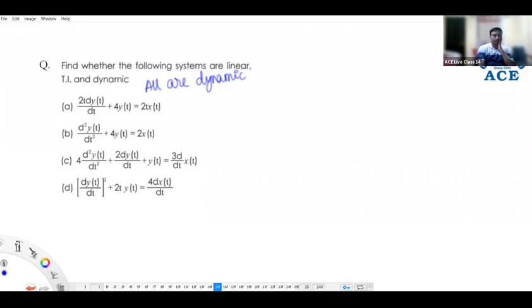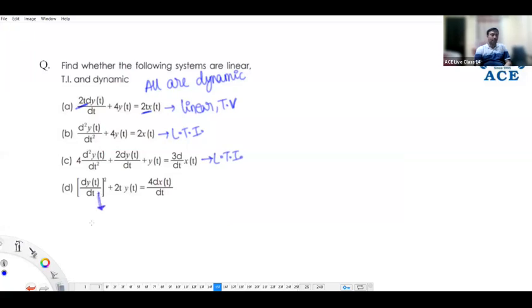In the first case, it is linear but time variant because of 2t, an external function of time. In the second expression, all coefficients are fixed with linear elements, so it is LTI. The third one is also LTI, with all coefficients fixed with linear elements.